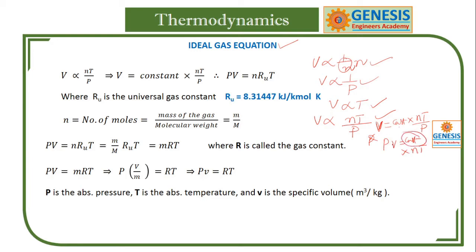And this proportionality constant we call the universal gas constant. There is another gas constant for a particular gas, called the general gas constant. So the formula we derived from this is PV is equal to N R T.